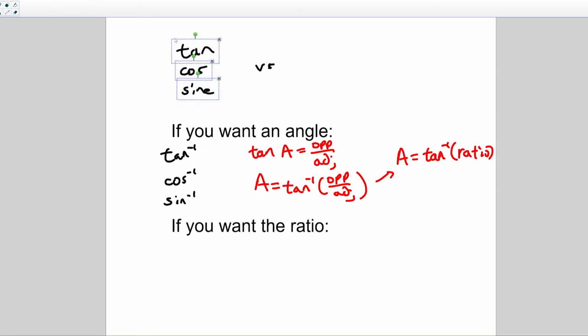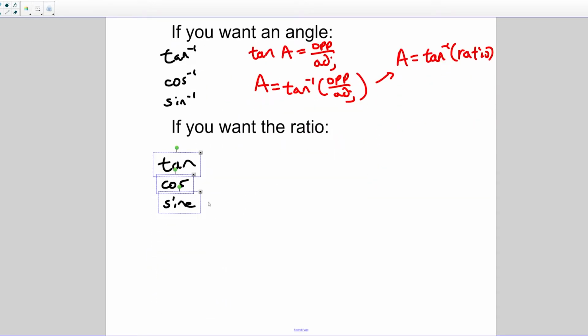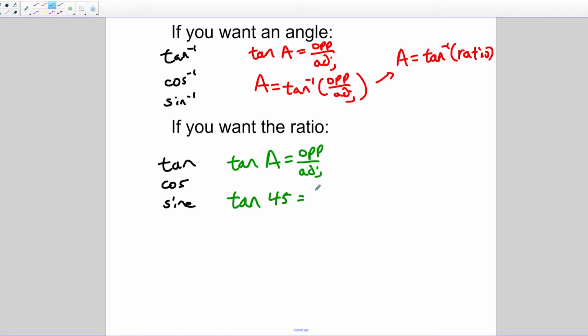Now, if we want the ratio, what we're going to do is we're going to use the regular functions. So what this is going to look like is if, let's say we have tangent of A, maybe I'll do this in green. Tangent of A is equal to opposite over adjacent. And I know whatever my angle is, so tangent of perhaps 45, this will give me whatever the ratio is.